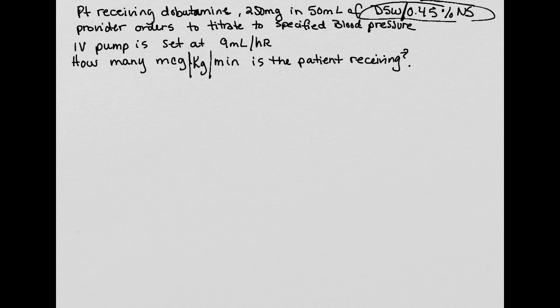So there's a little 50 ml bag here, and of 50 mLs of this D5W. And what also is in there is 250 milligrams of this dobutamine. And the pump is going right now at 9 mLs an hour. But we need to know how many micrograms per kilograms per minute the patient's receiving, because this is some very potent medication. All right, so let's just set it up like we would set up on any other drug calculation.